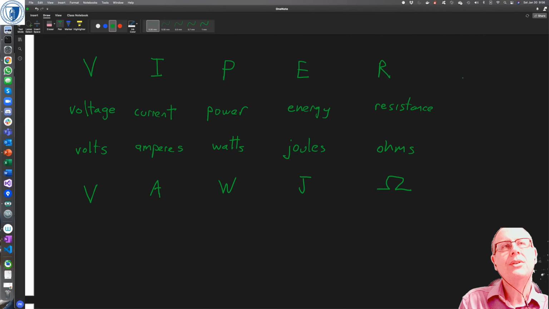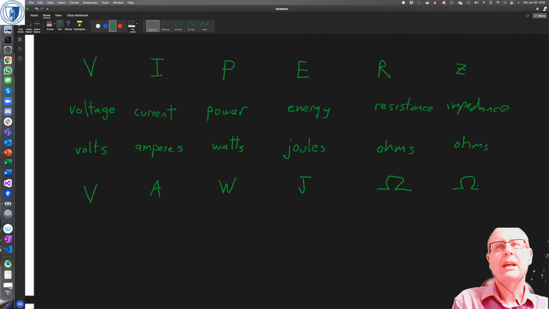Related to resistance is impedance, and its unit is also ohms, which also has the capital omega.